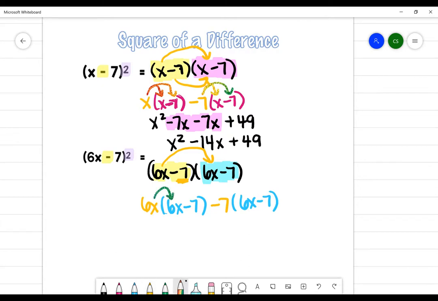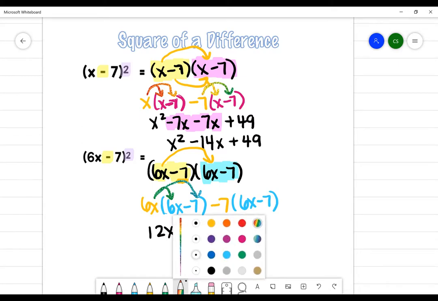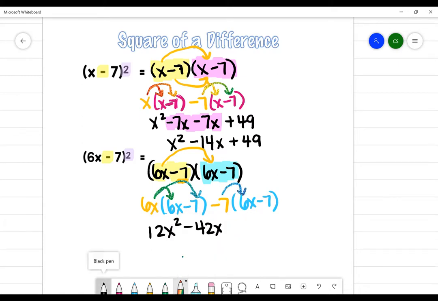So distribute 6x to 6x. Remember, multiply the coefficients. Add the exponents. How many x's do I have? 2. Distribute 6x to a -7, which gives me -42x. Multiply, or distribute, I should say, -7 to 6x on this one, and I get -42x.